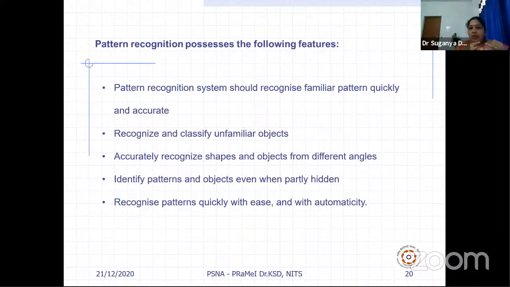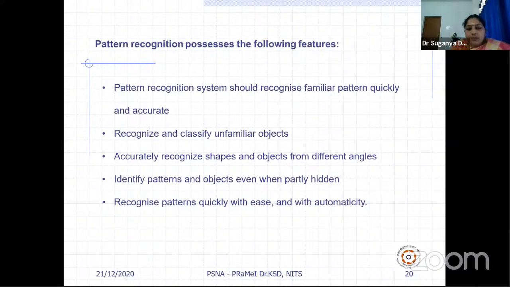Say for example, in medical imaging, if you are building a pattern recognition system, obviously initially we will be getting an accuracy of 80, or even 90 is the best, 90 or 92 something. But the medical society will not accept an accuracy of 90 or so. Even if you are giving an accuracy of 98 or 99, they will be checking all those things on their own, right? So the accuracy is the prime concern, and recognize and classify unfamiliar objects, that is the outliers.